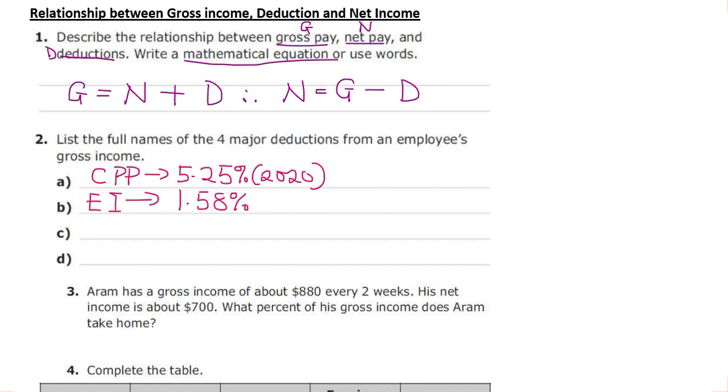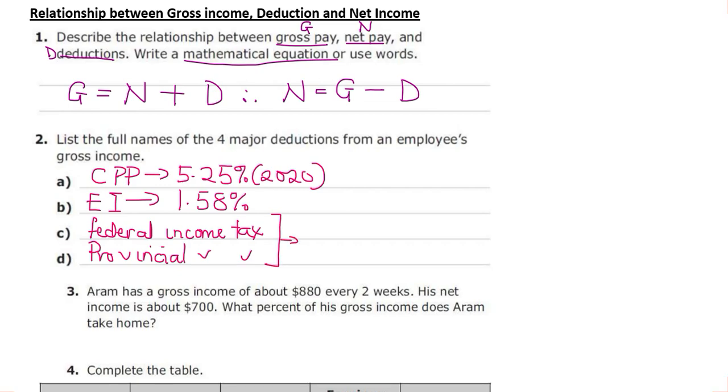And the other 2 are federal income tax, which is a type of income tax, and the other one here is the provincial income tax.